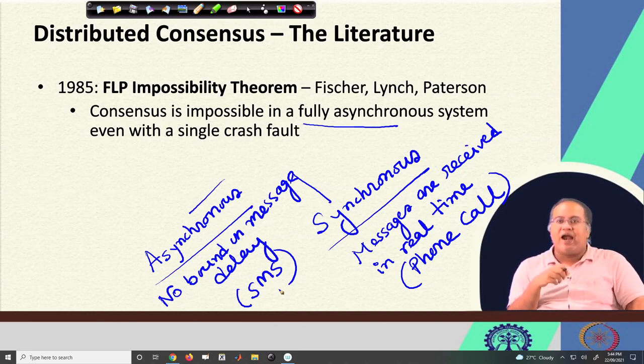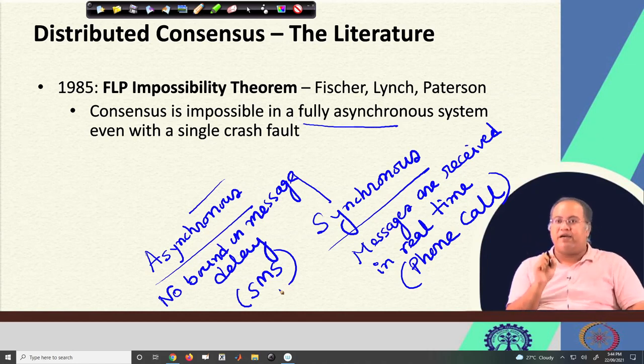You will see that our practical communication channels, particularly over the internet, are more biased towards the asynchronous mode of communication. Whenever you send a data packet over the internet, you cannot give a reliable bound that within this amount of time the message is guaranteed to be delivered.